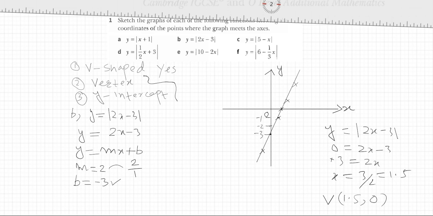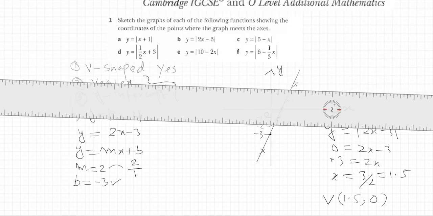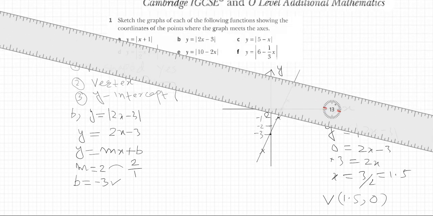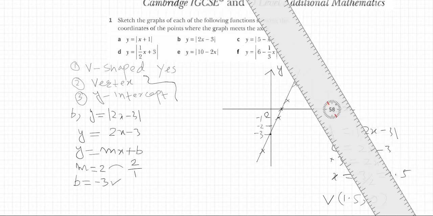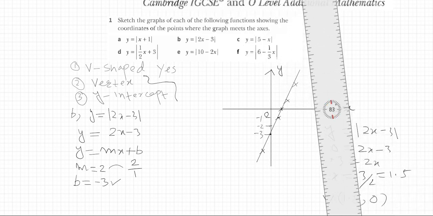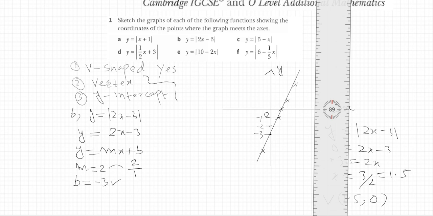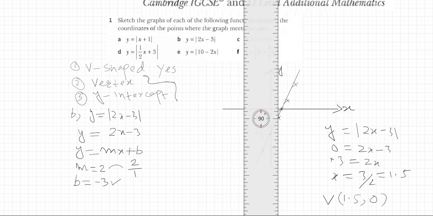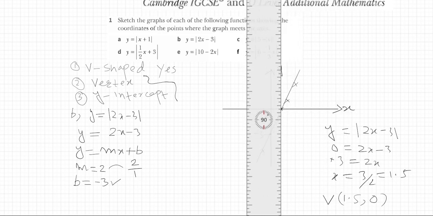Again, use a scale. So this is our mirror line. Draw a dotted line.